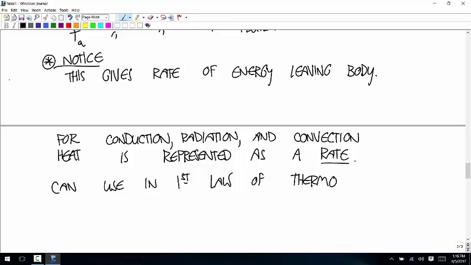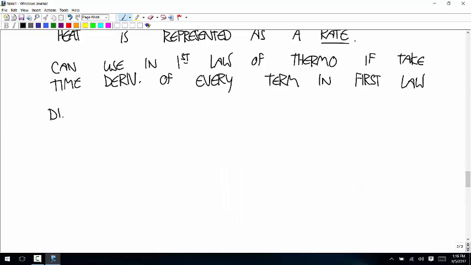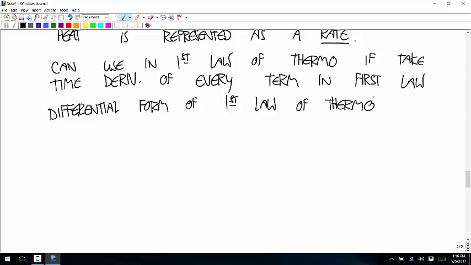If you take the time derivative of the first law, take the time derivative of every term in the first law, that gives you the differential form of the first law of thermodynamics. And it looks like this.